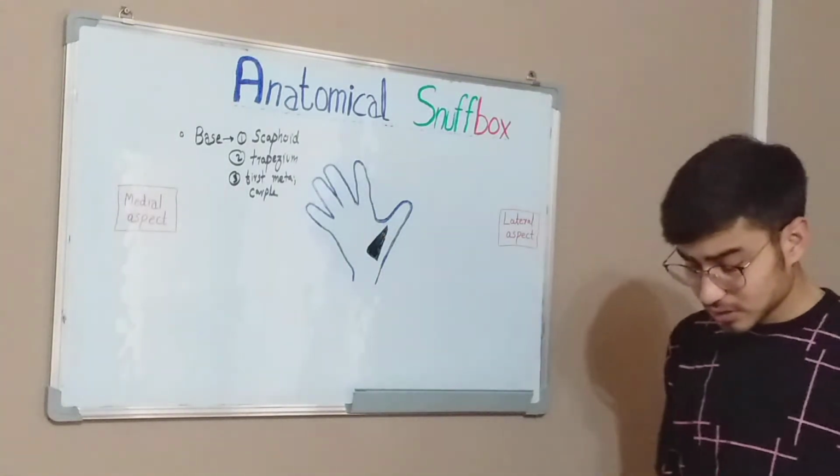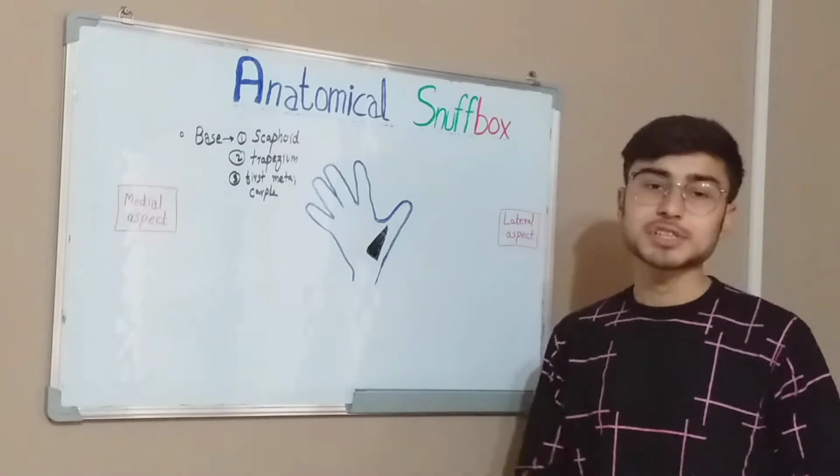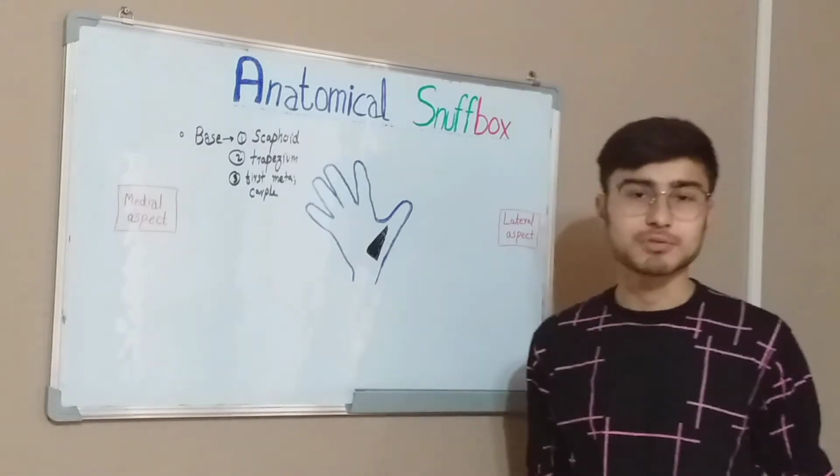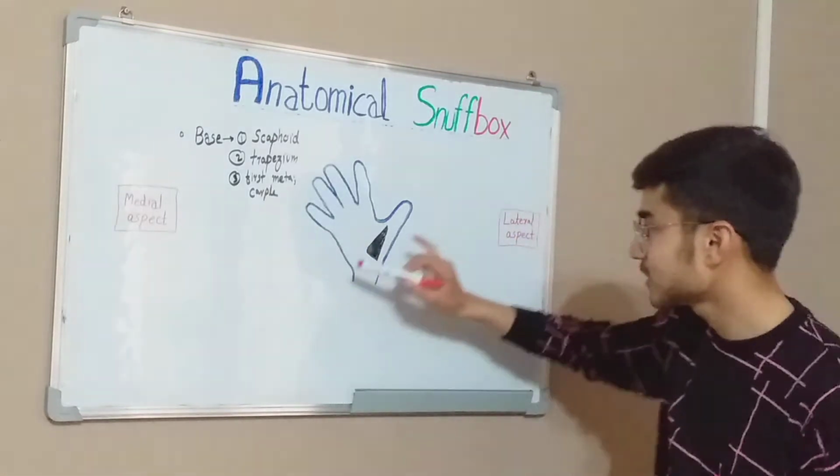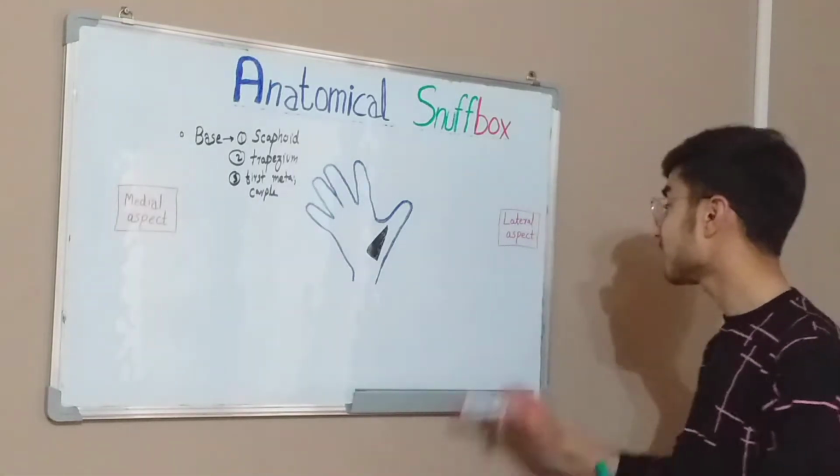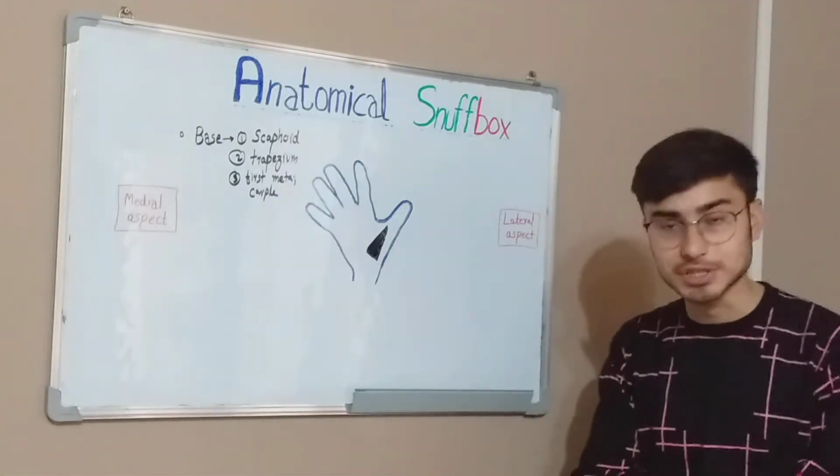Now, there are the boundaries of the anatomical snuff box. There are two boundaries: the medial boundary and the lateral boundary, right?